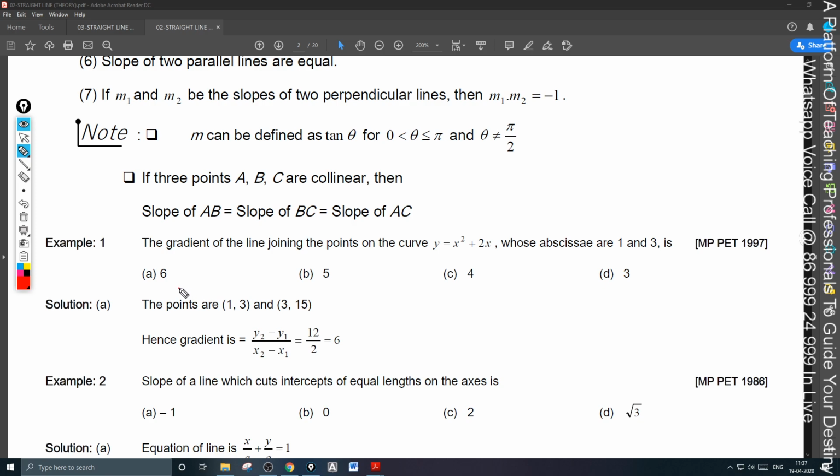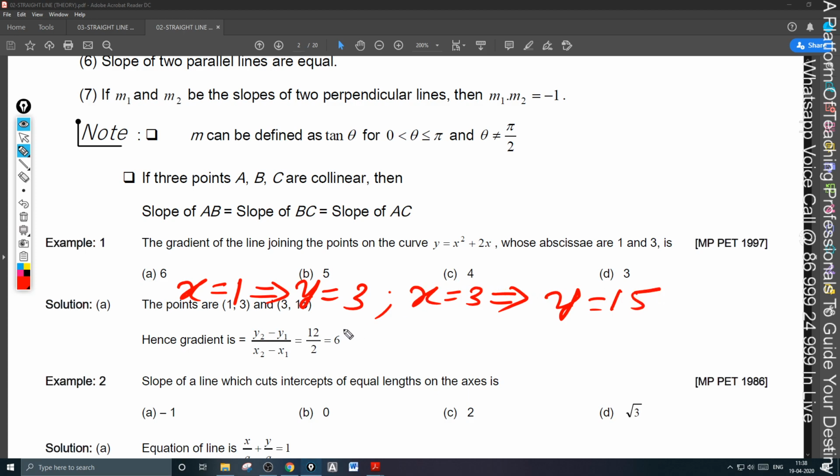So x is equal to 1 implies y is equal to 3. x is equal to 3 implies y is equal to 9 plus 6, 15. So the points are (1, 3) and (3, 15).